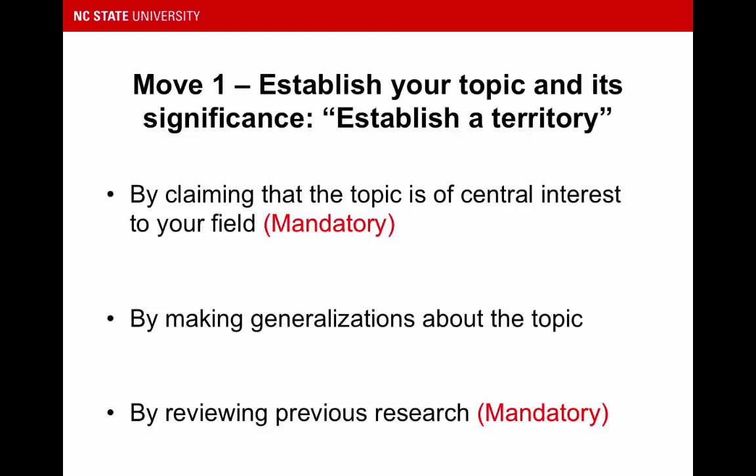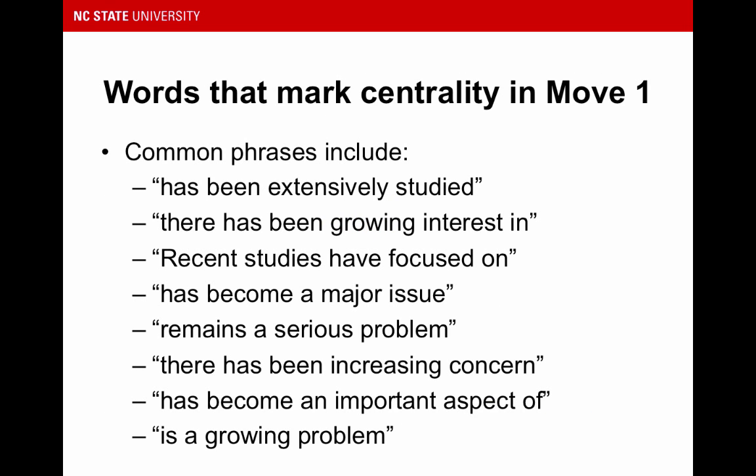So what does this look like? Because this is a really common model, creating a research space, there are several common phrases that are used to indicate that a topic is important for readers. You've probably heard some of these phrases used in some of the reading you've done of previous research.